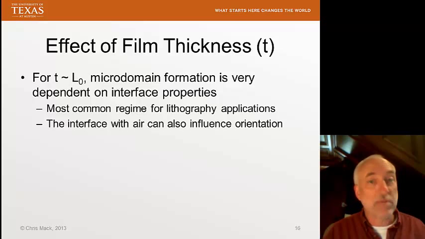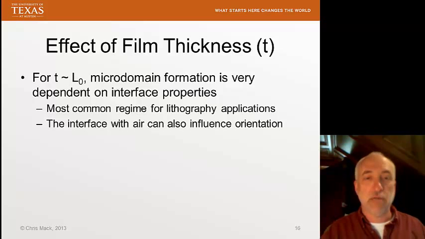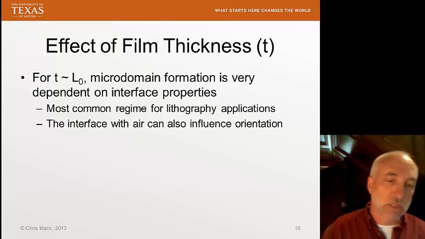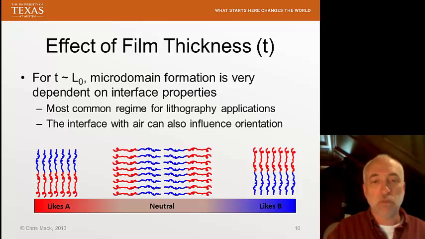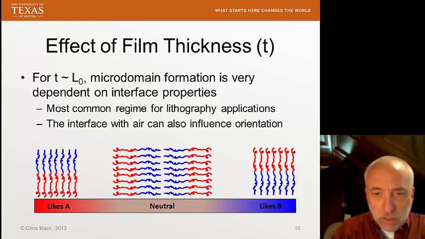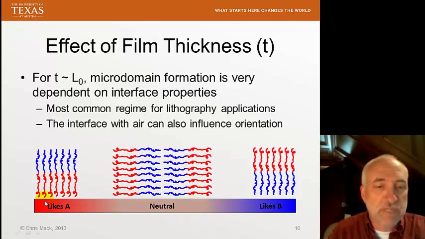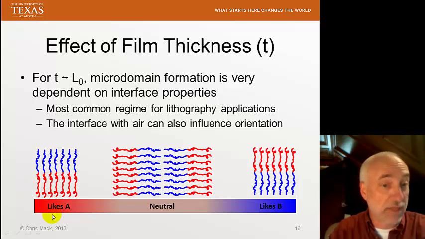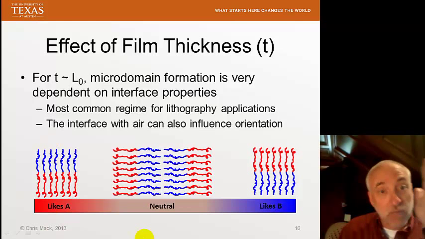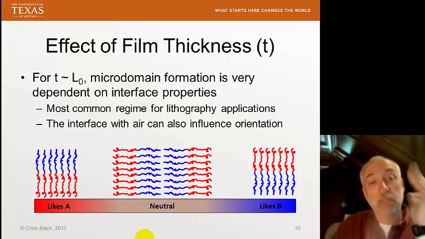Now the way it will arrange, if we have a thickness of about L0, will depend on the interfacial energies, mostly with the substrate, but also with the air as well. So here I show a couple of different configurations depending on the energy of the substrate. If the substrate has a particular configuration where the red material likes that, then the block copolymers are going to stand up straight with the A on the bottom and the B on the top.